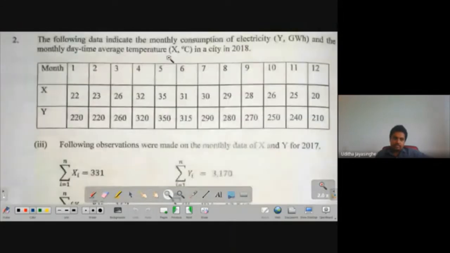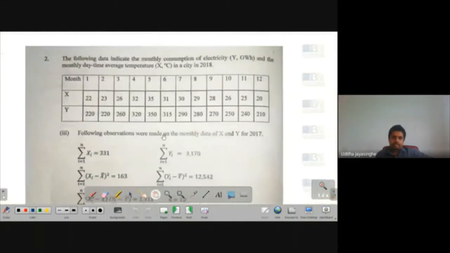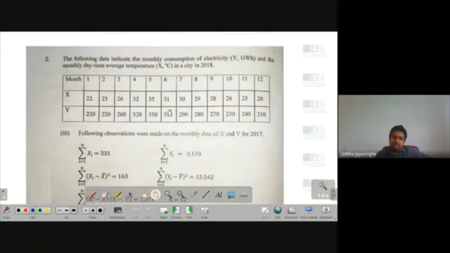This is 19 March, elective question number 2. Again, this question discusses electricity consumption and daytime average temperature. We'll read through the question carefully and try to grasp what is being displayed here. The following data indicates monthly consumption of electricity in the Y variable and the monthly daytime average temperature in the X variable.